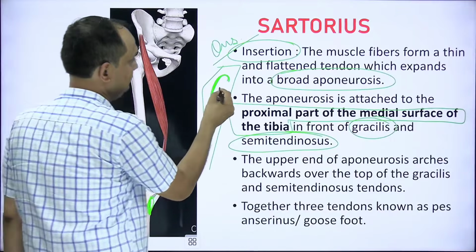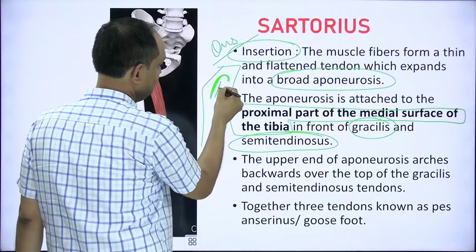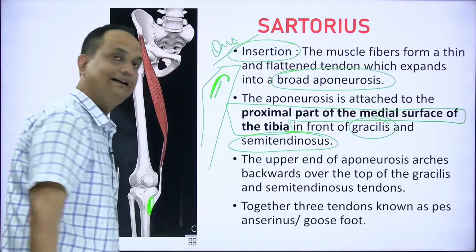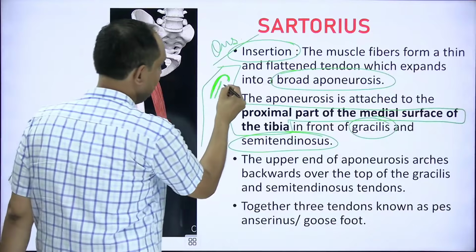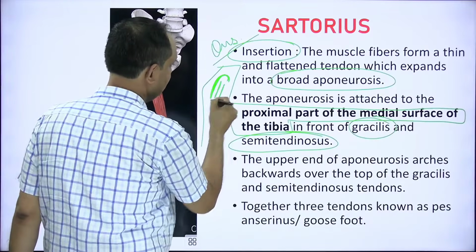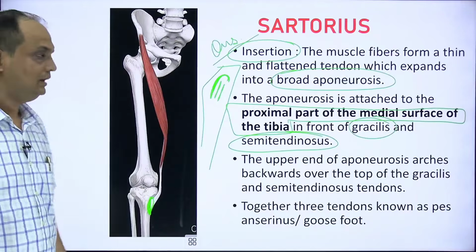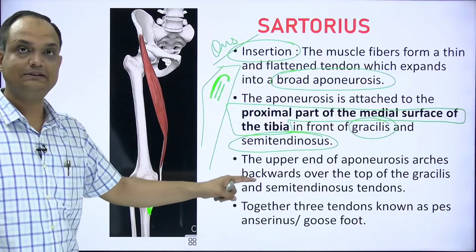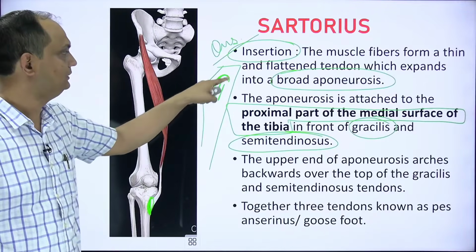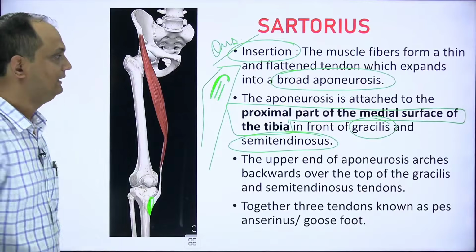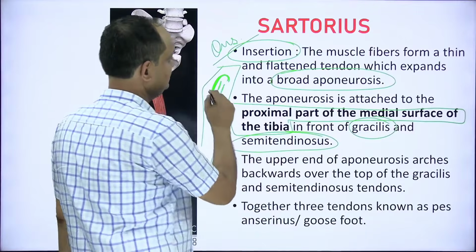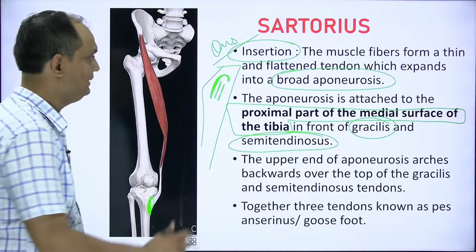Now, behind the sartorius you are having the insertion of gracilis, and the posterior most you have the insertion of semitendinosus. So, there are 3 muscles on this one point on the upper part of the tibia: gracilis, semitendinosus and sartorius. But the sequence is important.